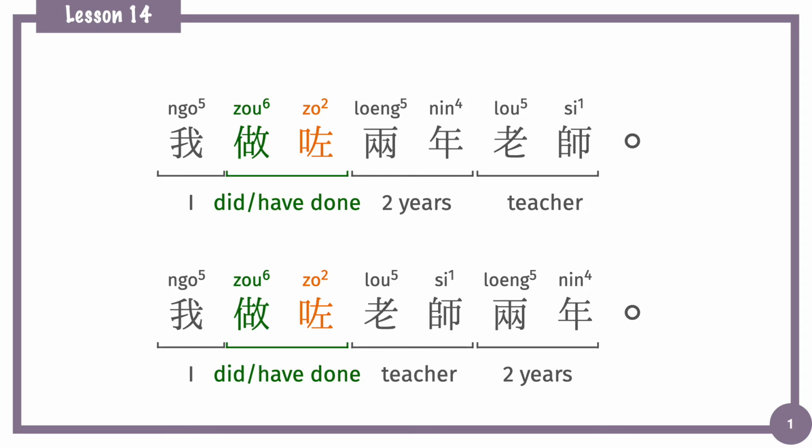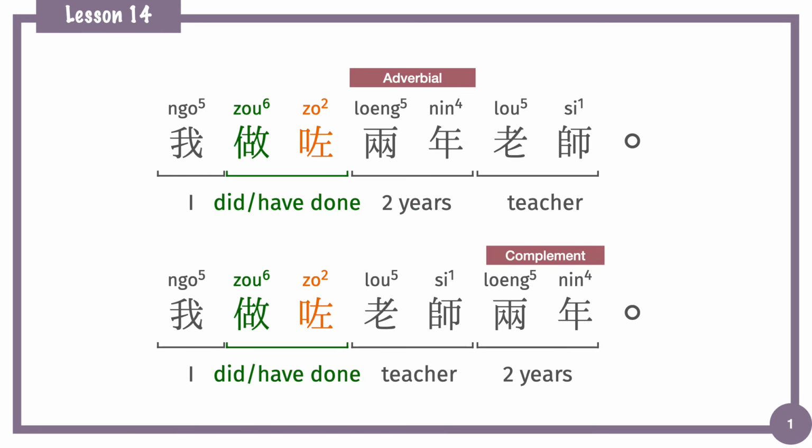Okay, they are talking about the same thing. Just in grammar, if 2年 acts before the noun, the object, the function of it is a verb. And if the duration, the time, acts after the noun, the object, 老師, it becomes a complement. Okay, just grammatically different. But for meaning, they are the same.